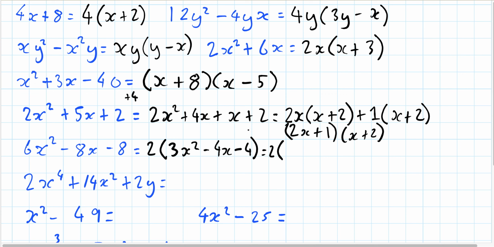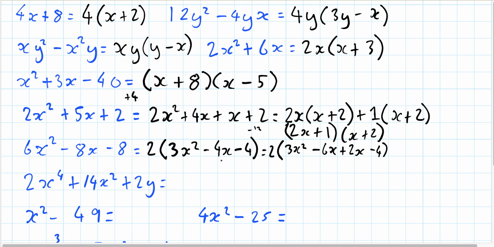So minus 12 is what we're after, and that's giving minus 6, so we've got 3x squared minus 4. I'll do that underneath.